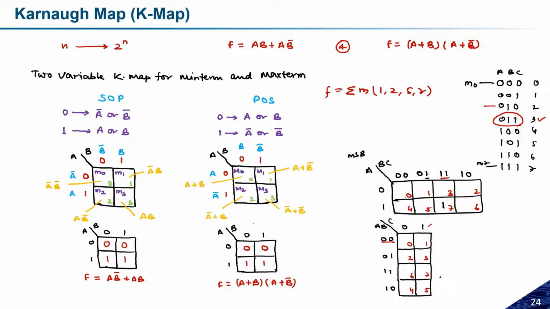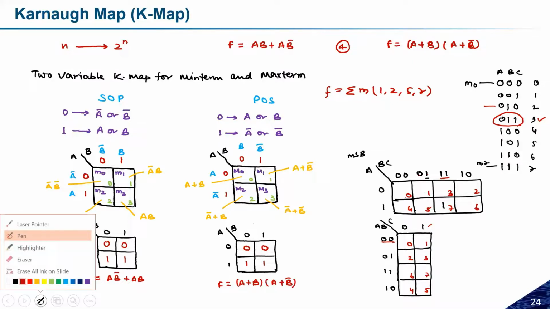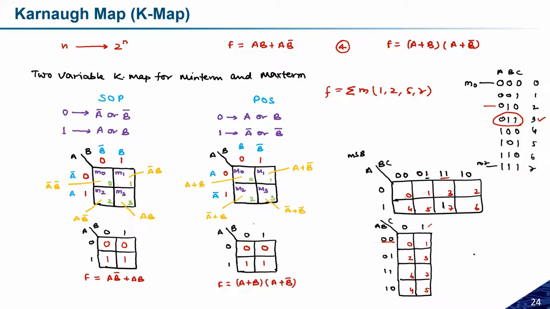A very important thing is that I am considering A as the MSB. Now, can I do one more thing? In all the cases I am considering A as the MSB, but I am changing the position of A and B, and you have to tell me what will be the position.